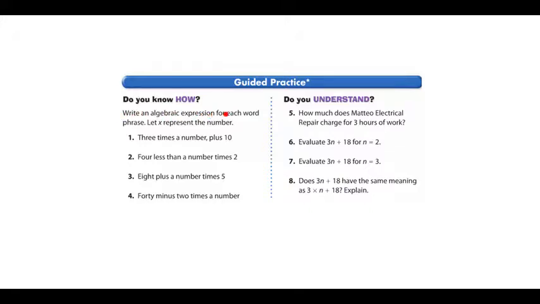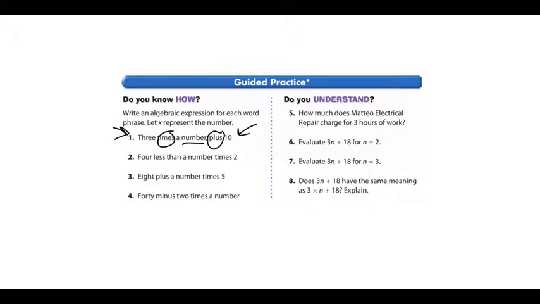Write an algebraic expression for each word phrase. Let X represent the number. Okay, so it says 3 times a number plus 10. So I know that there are two operations, there are two numbers, and then there is this variable here.